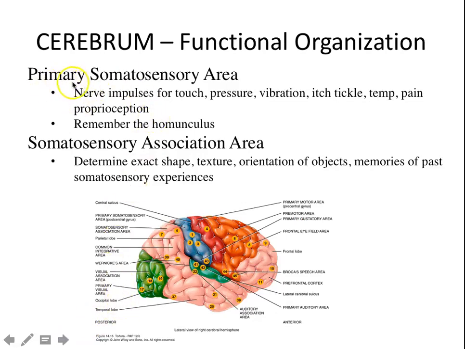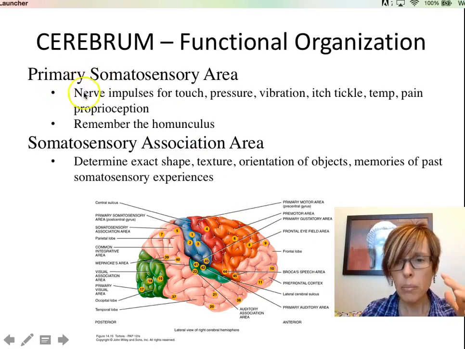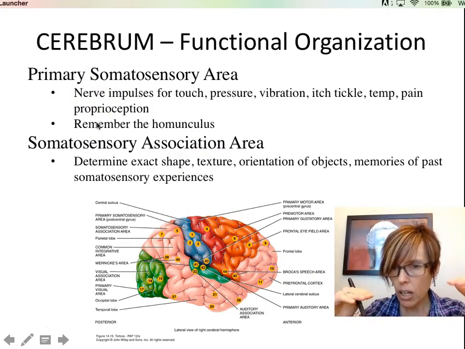So let's talk first about the somatosensory areas. One of the things you're going to notice throughout these lectures is we're going to have an area, and then we'll have what's known as an association area. So we'll have a primary area and then an association area. The primary area will give you the very basics of whatever that function is, the first layer of functionality.